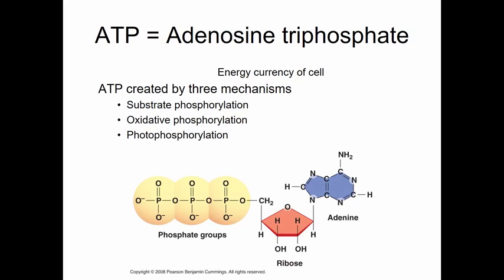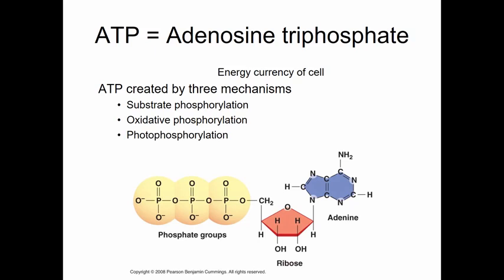Please notice your 3 phosphate groups are negatively charged. These 3 negatively charged phosphate groups are actually held together by relatively weak bonds. Because you've got similar charges next to one another, they're all kind of repelling to a certain extent. So the energy in this molecule is actually stored in the bonds that are holding on the phosphate groups.